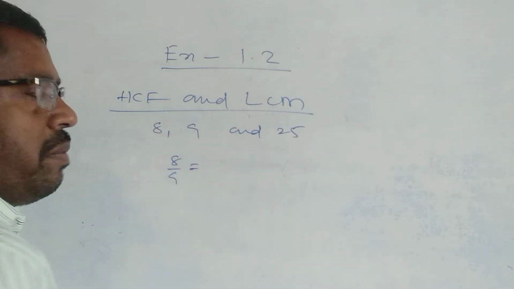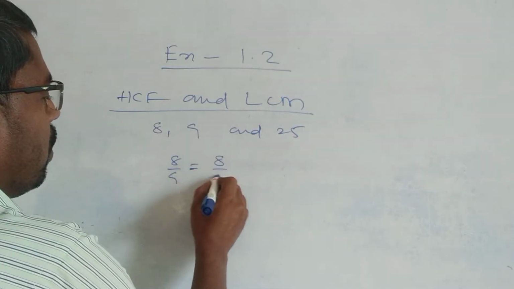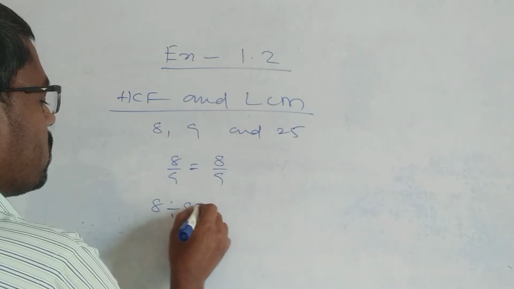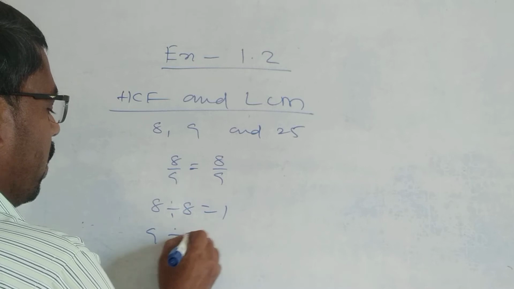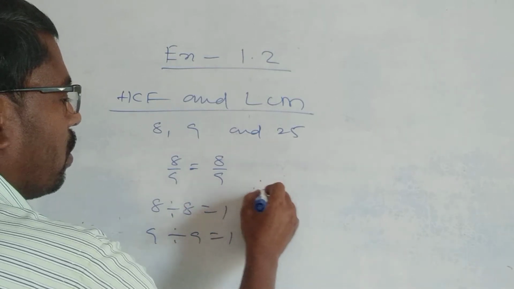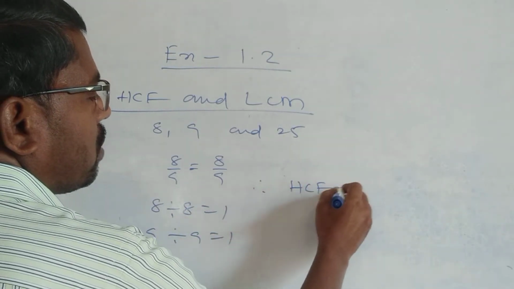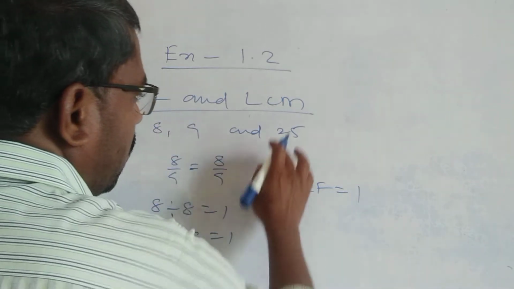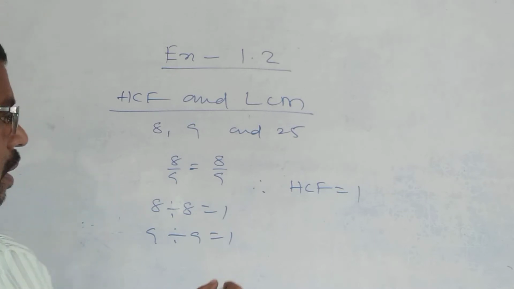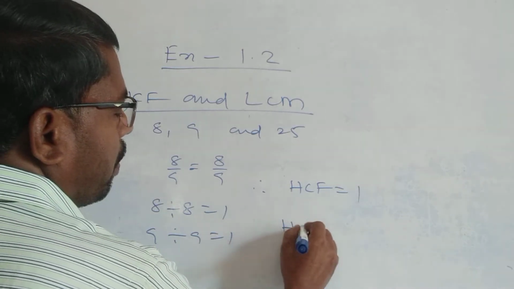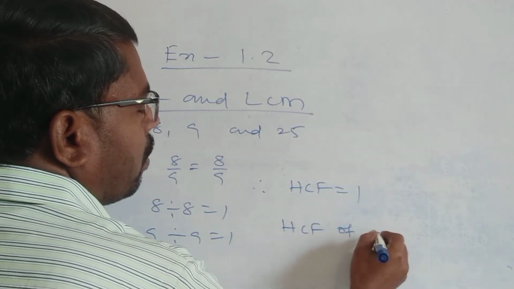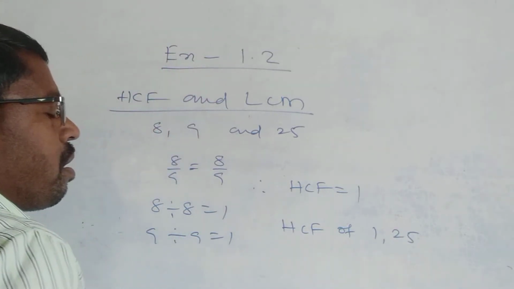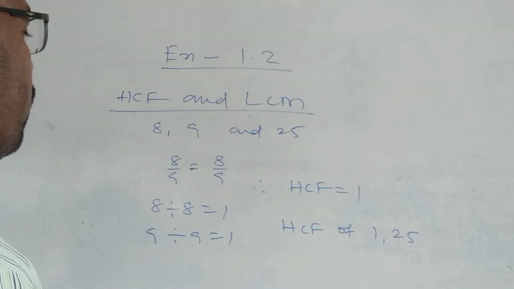We are not getting any simpler form, it is the same 8 by 9 only. So 8 divided by 8 is equal to 1, and 9 divided by 9 is equal to 1. Therefore, the HCF is equal to 1 for 8 and 9. After that, with 25 we can take the HCF of 1 and 25.